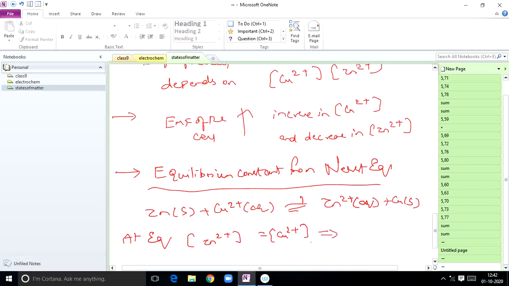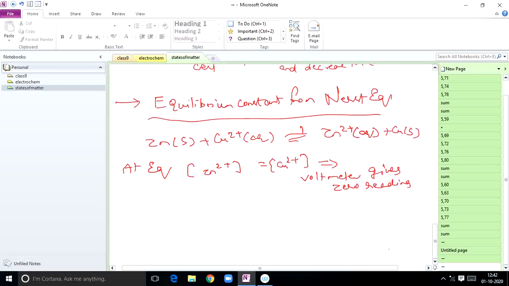That implies, at this equilibrium position voltmeter gives 0 reading. At this equilibrium condition voltmeter gives 0 reading. That is the key point. So both the concentrations remain equal, so voltmeter gives 0 reading at equilibrium.